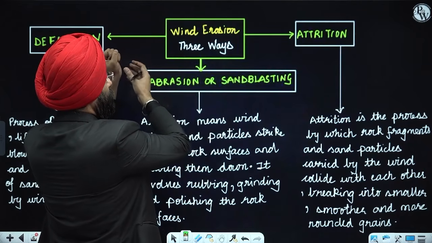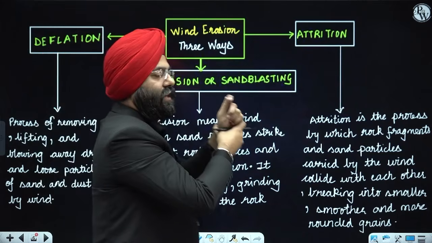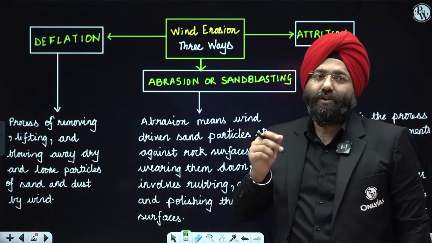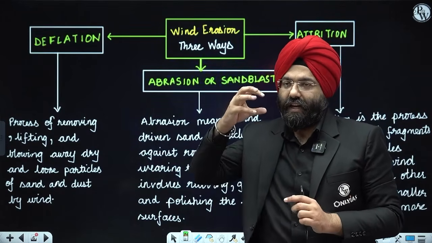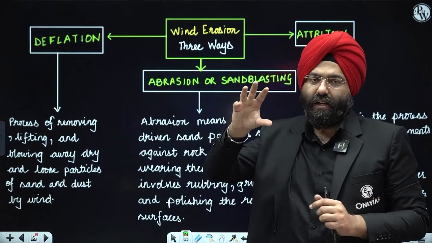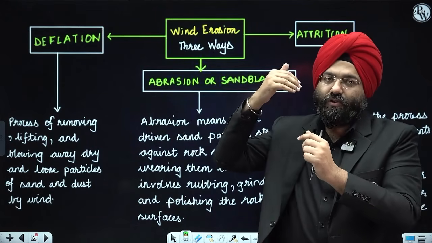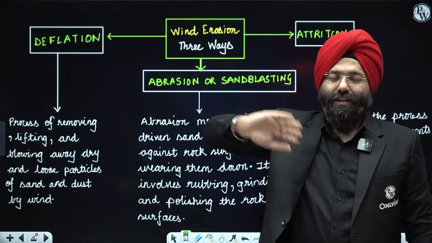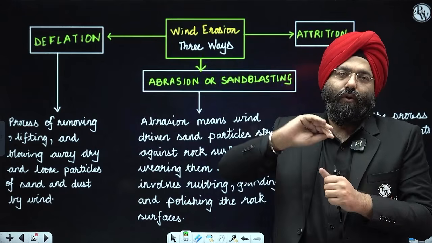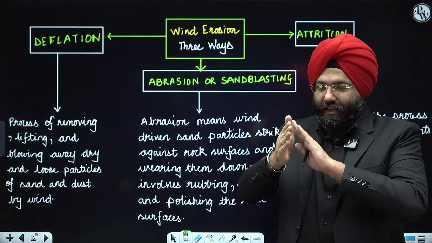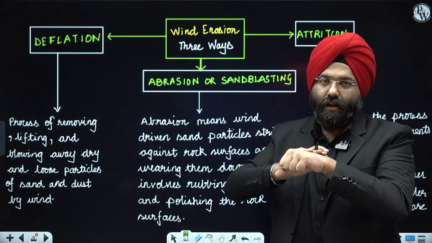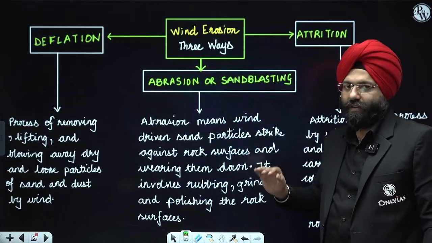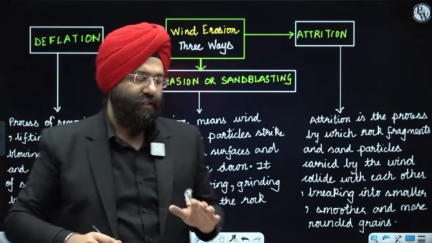When they strike, they are going to wear it down and erode it. So remember, why is it known as abrasion or sandblasting? This is the reason. The sand particles or sediments carried by the wind strike another surface or landform and wear it down. This repeated rubbing is why it is also called polishing, and it might give a little shine. You would have seen that when you rub something down and reduce the friction, it leads to a certain shine. That is why rubbing, grinding, and polishing the surface are mentioned. I'll be showing you a diagram also, so don't worry about that.